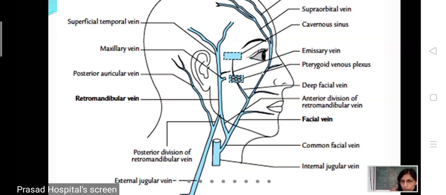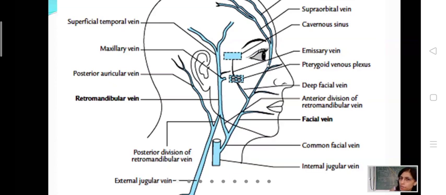This facial vein lies behind the facial artery. Facial artery is somewhere here, and this facial vein lies behind the facial artery. It is not tortuous and it is more superficial as compared to the facial artery. The first thing is facial vein is not tortuous.